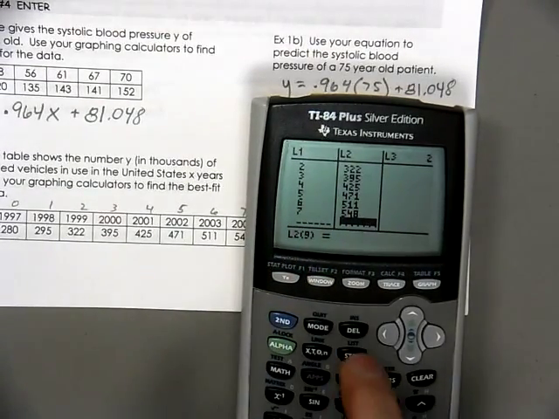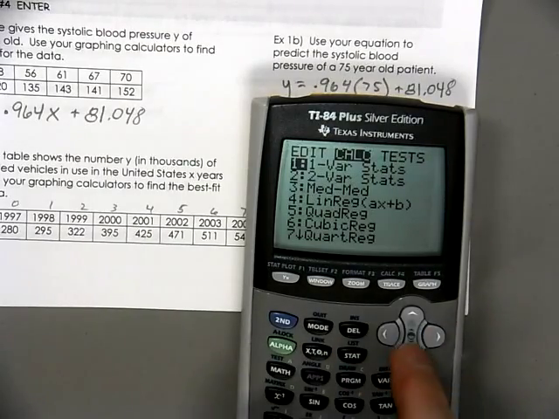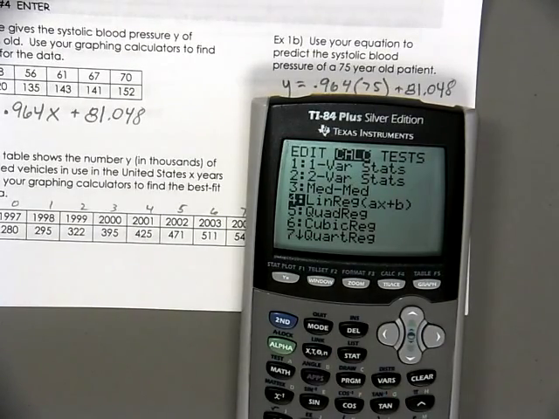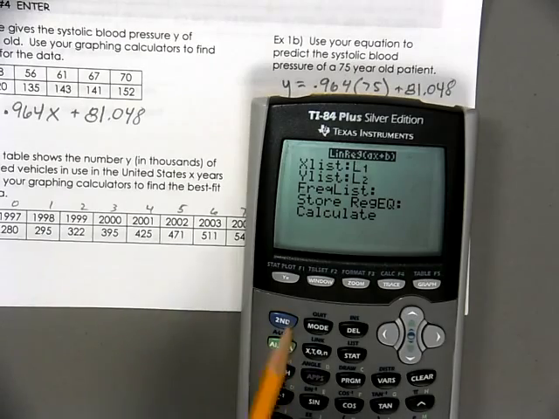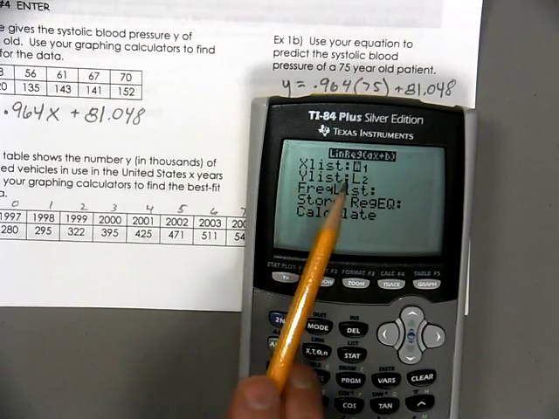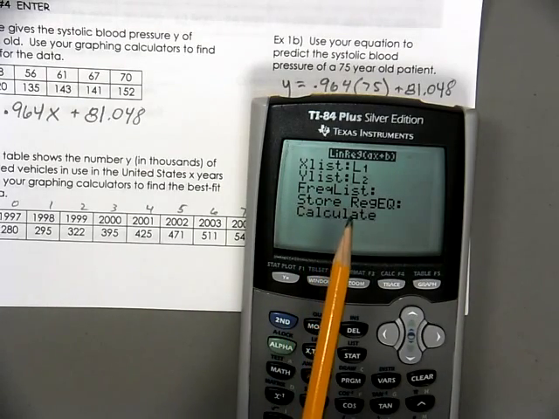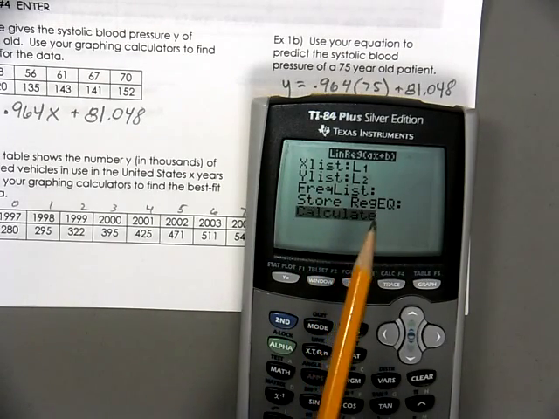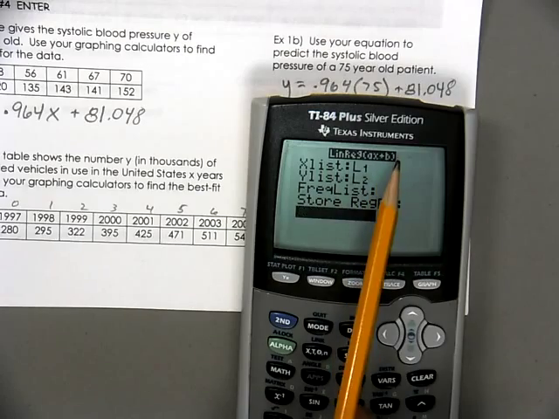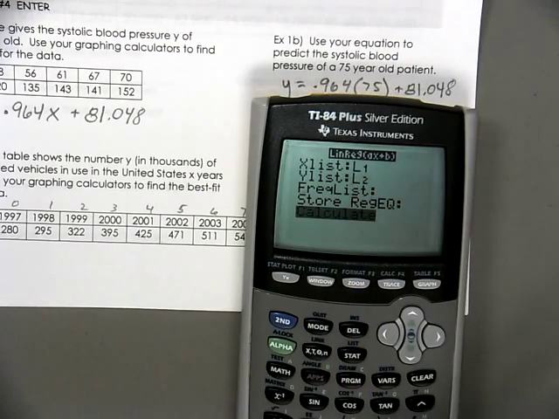we'll do the same thing. We'll go to Stat, over to Calc. We're doing this all by linear regression. My X values are in list 1, my Y values are in list 2. Your calculator might look a little bit different. It might just say linear regression at the top, and you can hit enter as long as your values are in list 1 and 2.